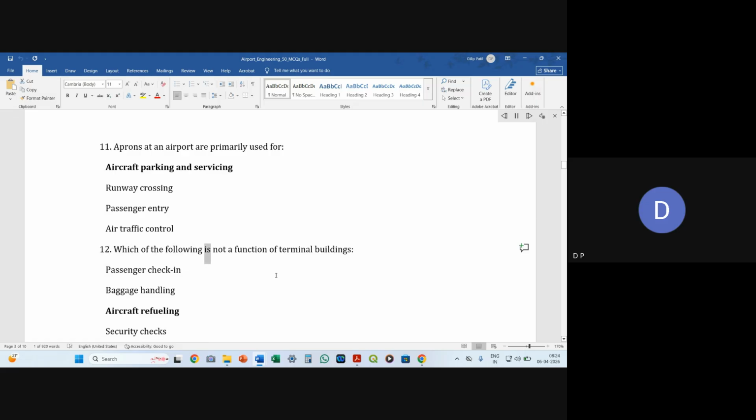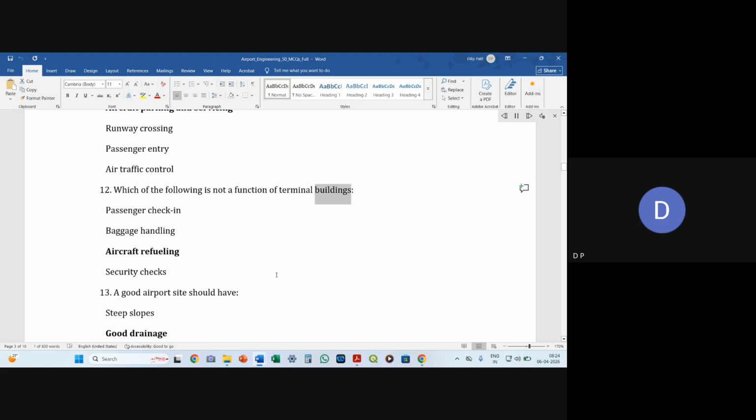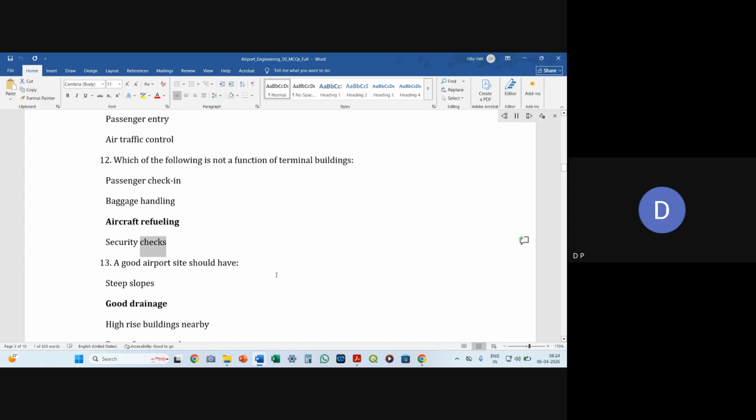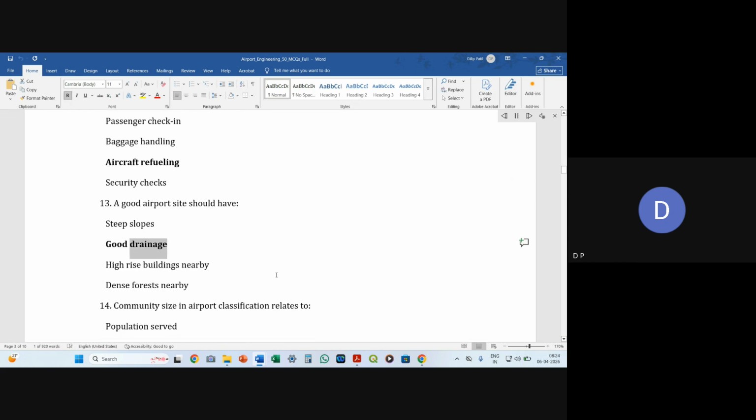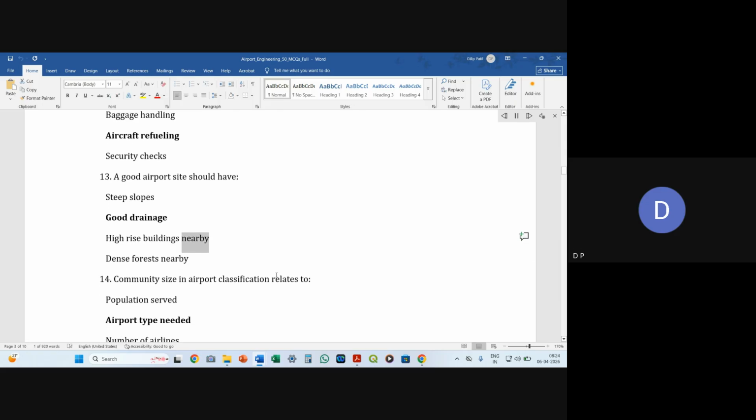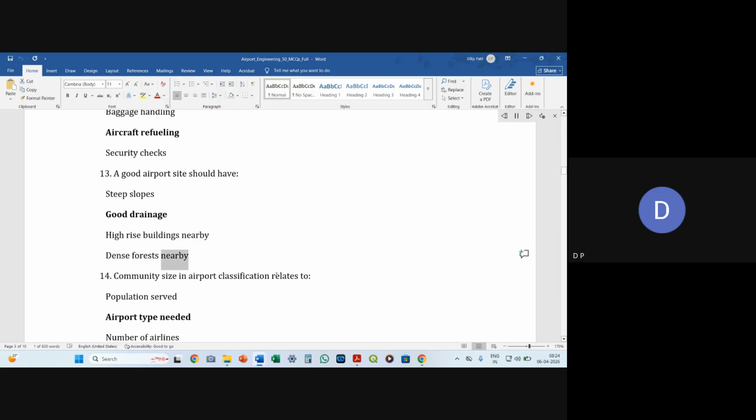Which of the following is not a function of terminal buildings? Passenger check-in, baggage handling, aircraft refueling, security checks. 13. A good airport site should have steep slopes, good drainage, high-rise buildings nearby, dense forests nearby.